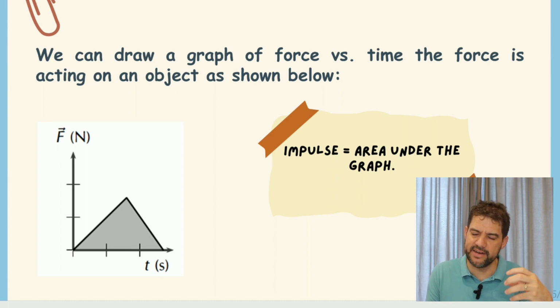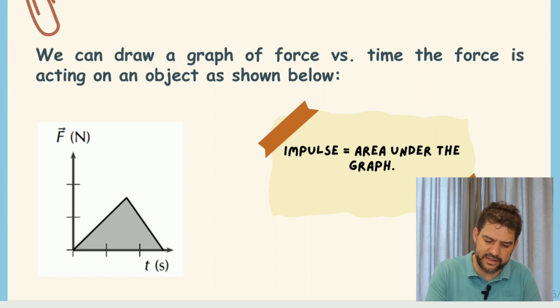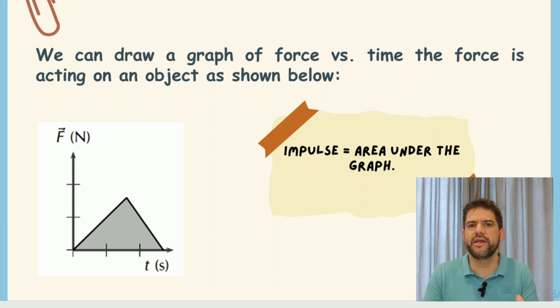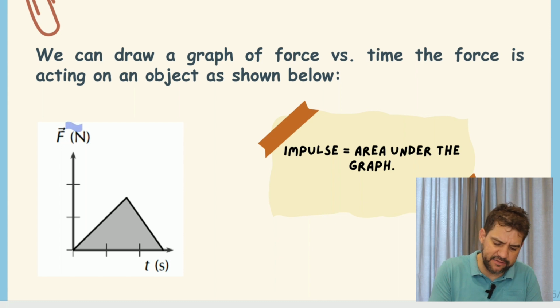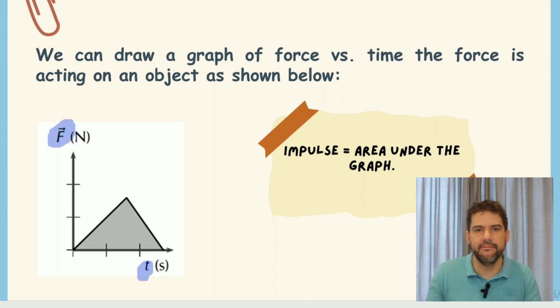Now, I want to point something out in terms of impulse. Sometimes you will get a graph. In actual fact, for sure, you may get graphs throughout the year related to this specific topic. When you are working with any graph, one of the first things you have to look at is what the graph is. This one is force and time. So if you get a graph of force versus time, no matter the shape, you need to know that the area under the graph will be equivalent to the impulse.